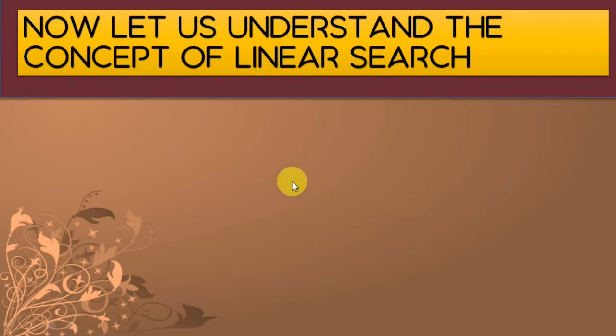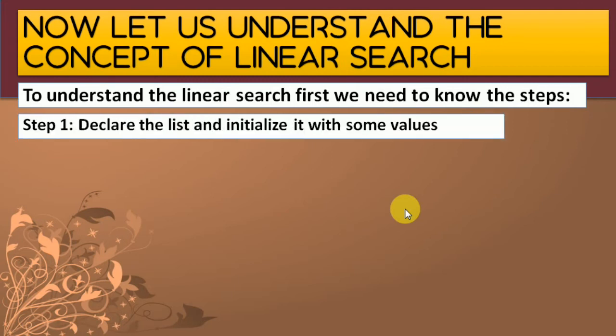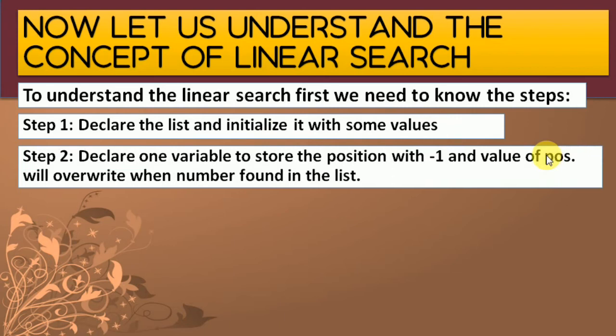Now, let us understand the concept of linear search step by step. What is the first step? Step number 1, declare the list and initialize it with some values. You know that NO equals to brackets and all the numbers. Second, you need to declare one variable for position, that is POS equals to -1.